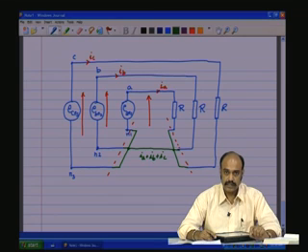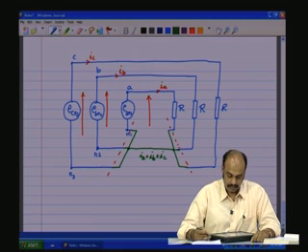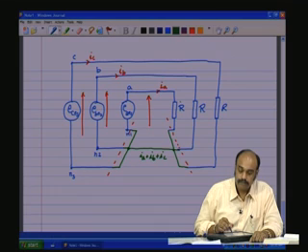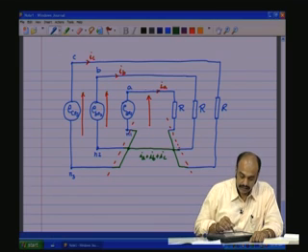Now, there are two things that we need to have a look at. That is the voltage waveforms and the current waveforms.